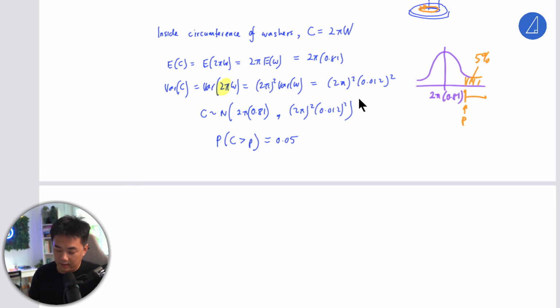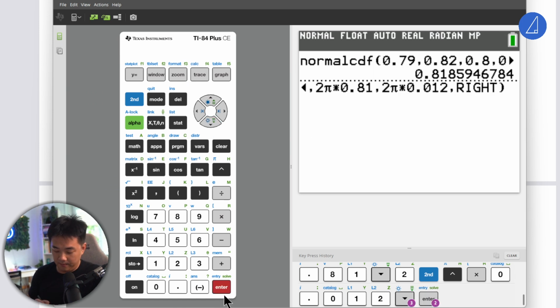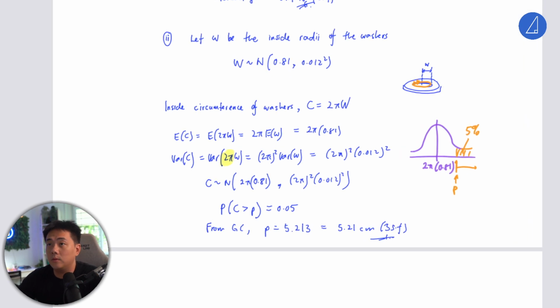Then the standard deviation is 2π multiplied by 0.012. So we managed to find our value P. We round to 3 s.f. This is the value here.